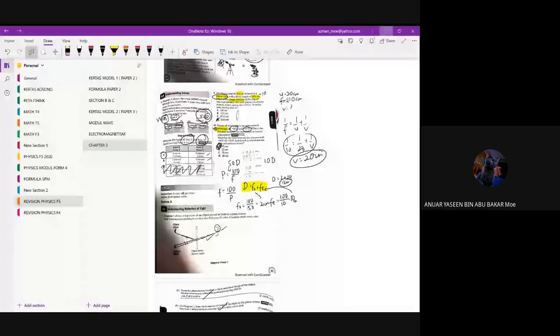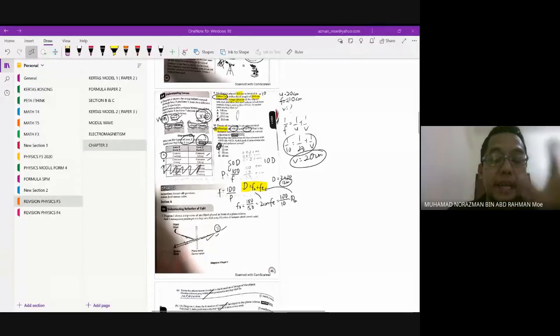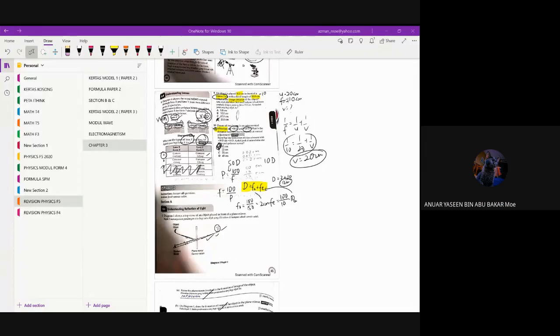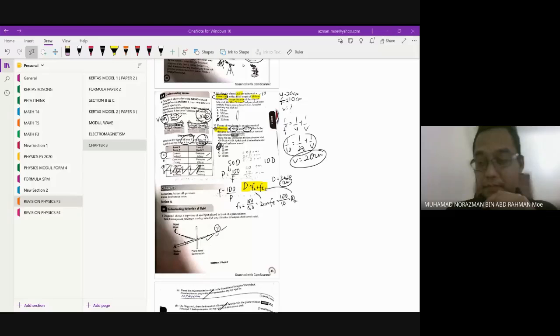Cikgu boleh explain pasal optical fiber? Optical fiber? Kenapa? Last year ada keluar seorang optical fiber rasanya. Explain what happen in optical fiber.